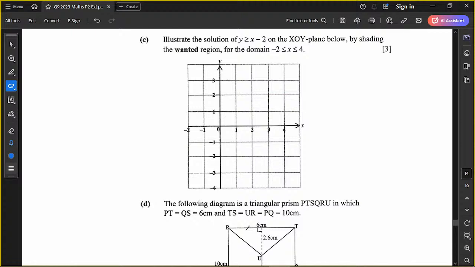Illustrate the solution of y is greater or equal to x minus 2 on the x or y plane below by shading the wanted region for domain negative 2 is less or equal to x, x is less or equal to 4.